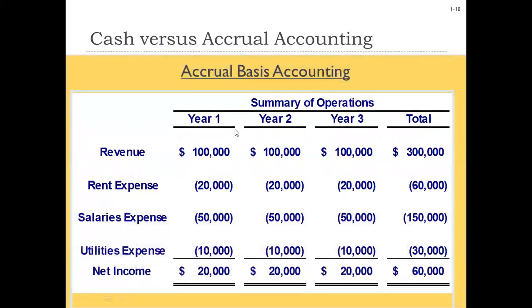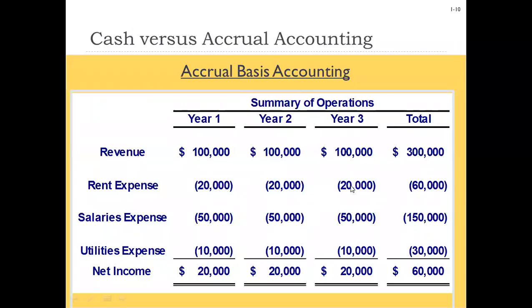On the other hand, accrual basis of accounting, you're recording the revenues when you earn it, and they earn $100,000 a year because they did something worth $100,000 each year to earn or be worthy of getting the revenue. Okay, so again, ignoring when they get the cash. And notice the expenses are recorded when stuff happens. Okay, the rent is $20,000 a year, so that's when they record it, $20,000 per year.